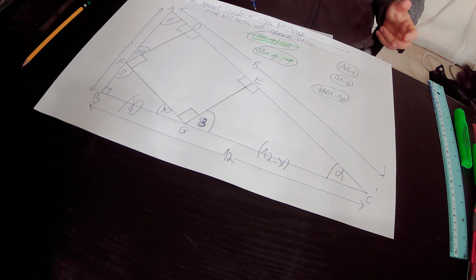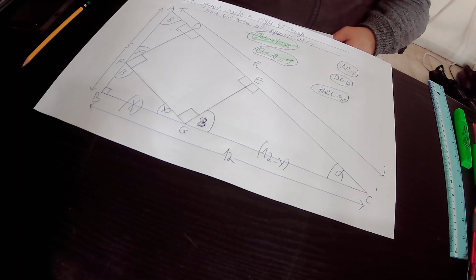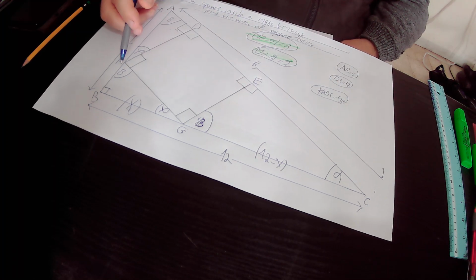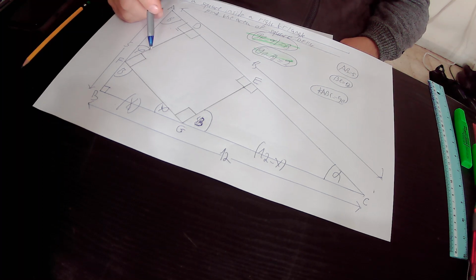So the angles in all 4 right triangles are correspondingly equal to each other. For example, the big right triangle ABC is similar to this small right triangle FBG because they have the same 3 angles, alpha, beta, and 90 degrees.